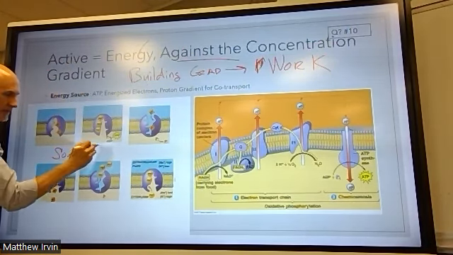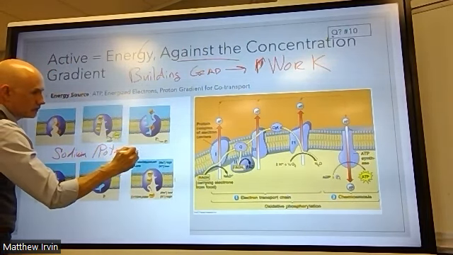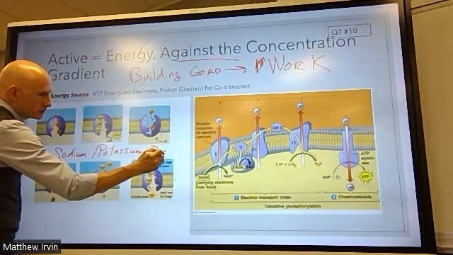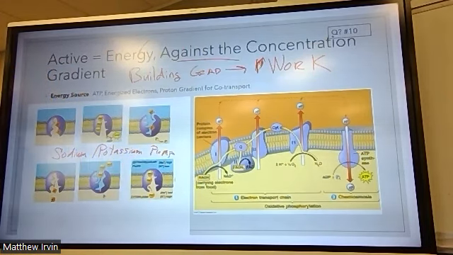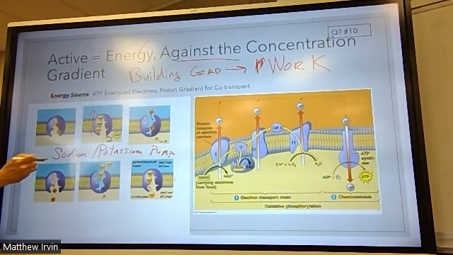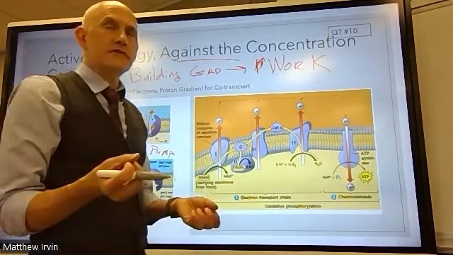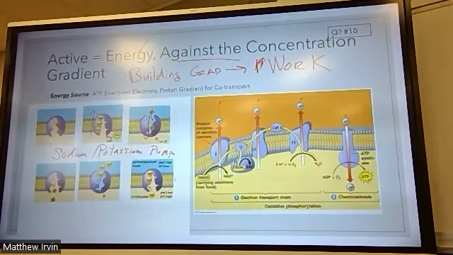Where is our sodium-potassium pump? Good. So we're going to pump our ratio of 3 sodiums out for every 2 potassiums that come in. And that's going to give us a difference in charge, which then gives us our resting potential for our neurons.